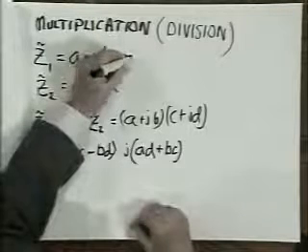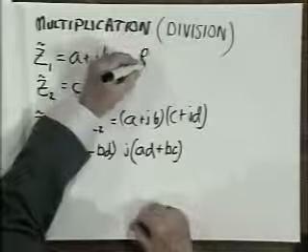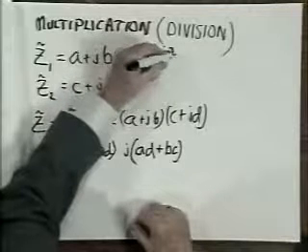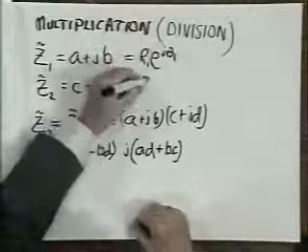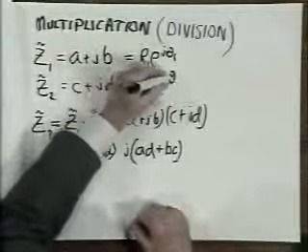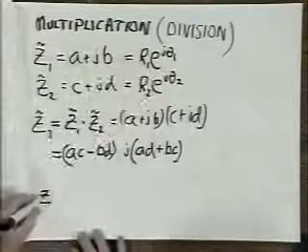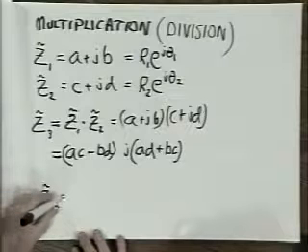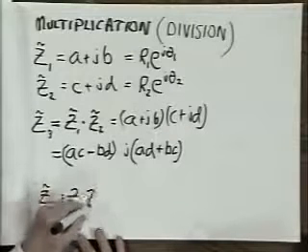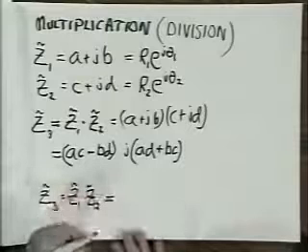However, if I represent the number instead in polar form and say this is r1 e to the j theta 1, and this is r2 e to the j theta 2, then the product z3 equals z1 times z2. Simply multiply them together.